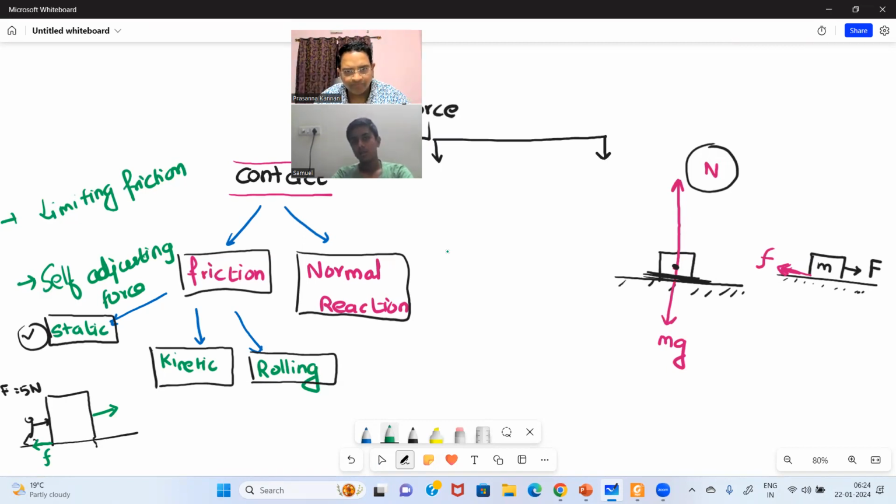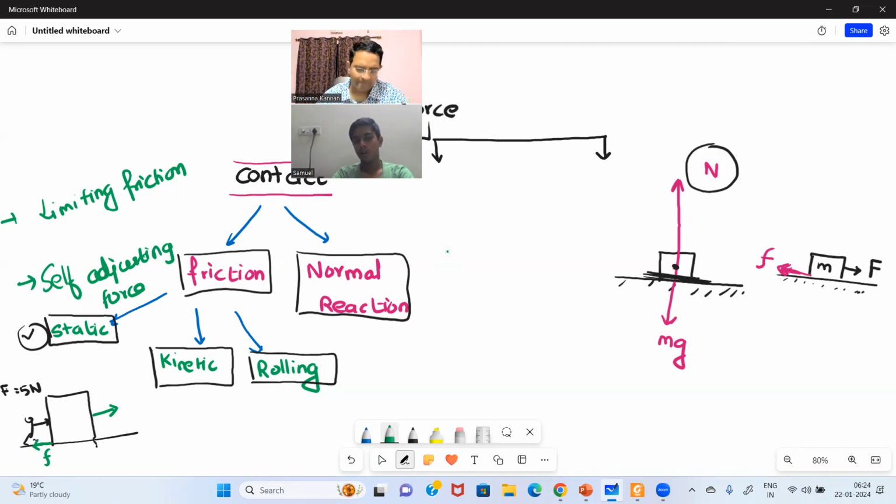Till that point, your force wasn't sufficient for it to move, correct? So that maximum value of force that you need to apply in order to bring about motion in that almirah is called limiting friction. It's nothing but the maximum value of static friction. Is that clear to you?